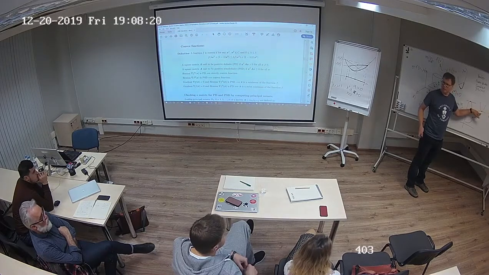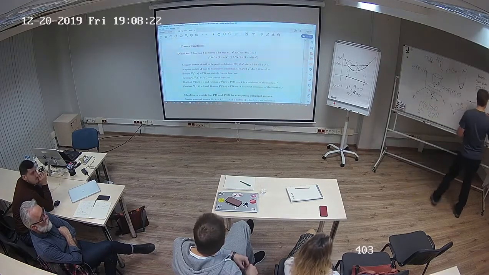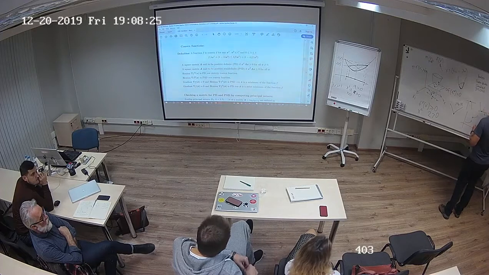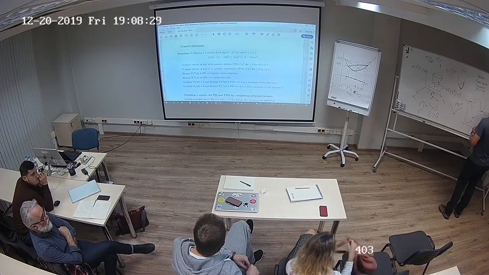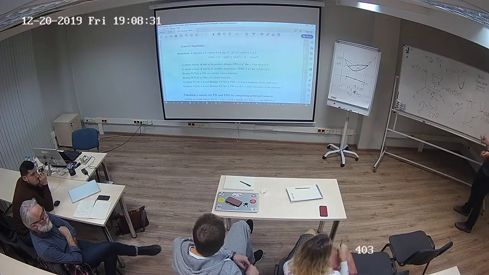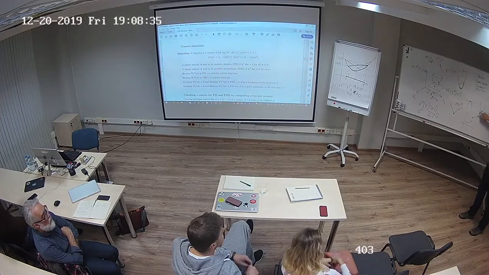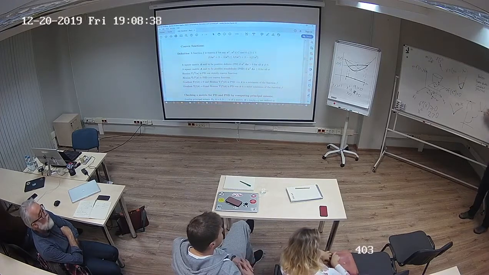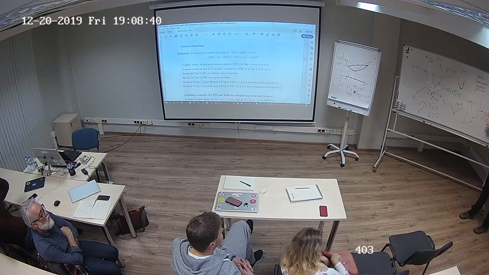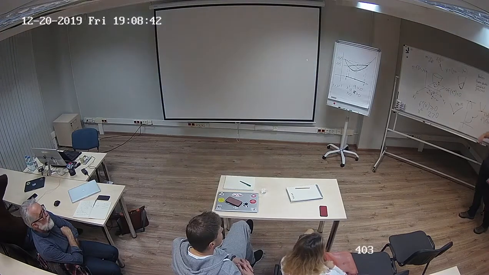So this is going to be the point of minimum. The first derivative is equal to 0, and the second derivative is greater than or equal to 0. Again, the tangent line is horizontal here and also here, but the second derivative being greater than 0 holds only here, not there.